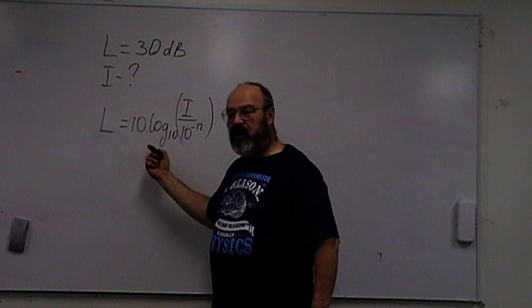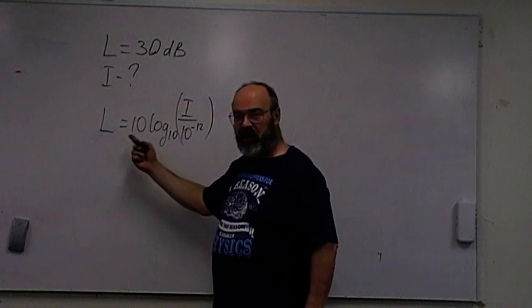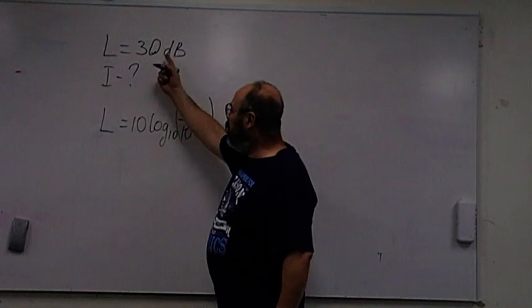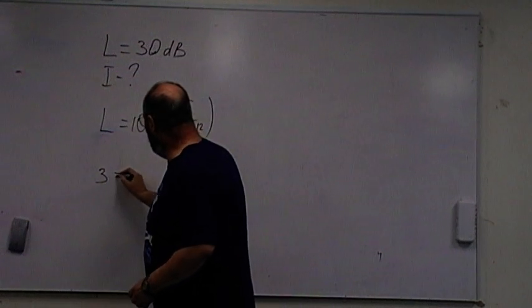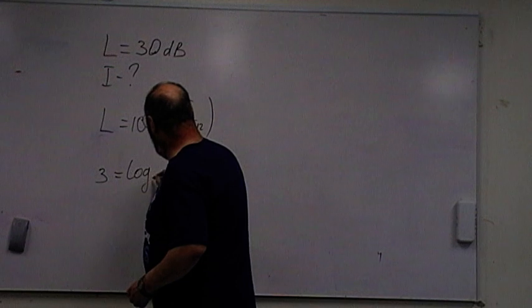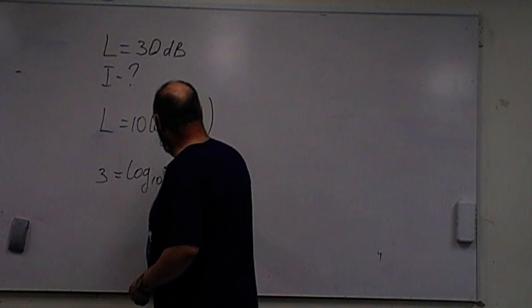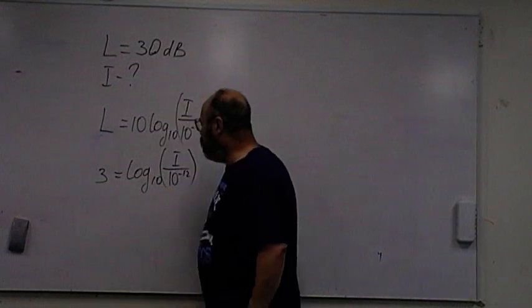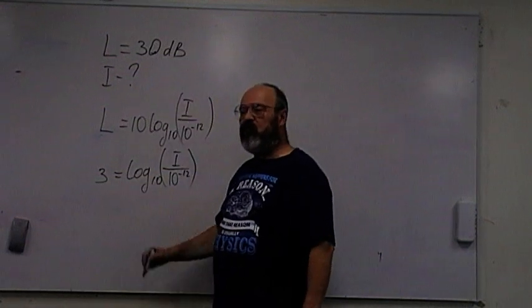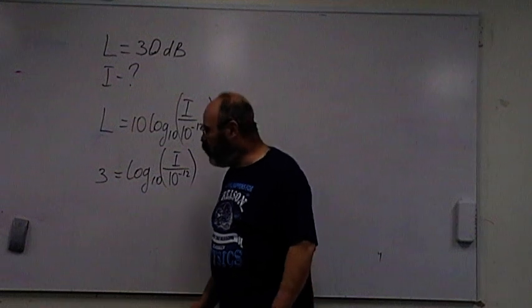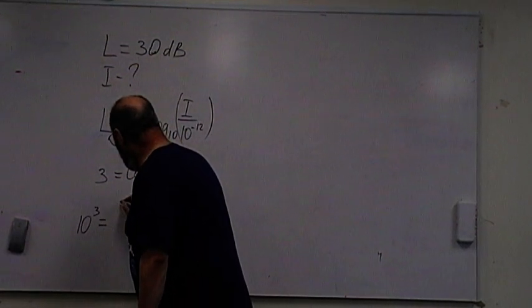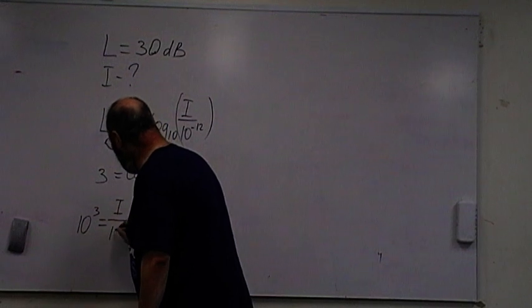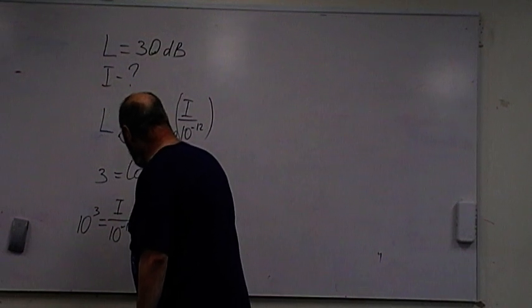First step, we divide both sides by 10. L is 30, divided by 10 equals 3. So we have 3 equal log 10 of I divided by 10 negative 12. Then to get rid of log, we put 10 in the power, so we have 10 to the power of 3 equal I over 10 negative 12.